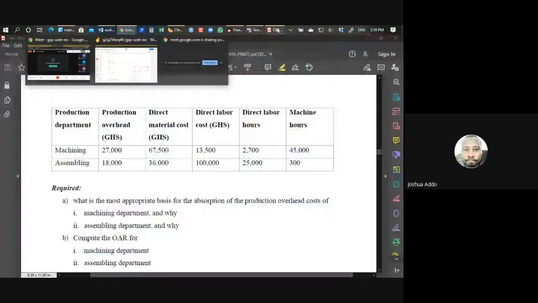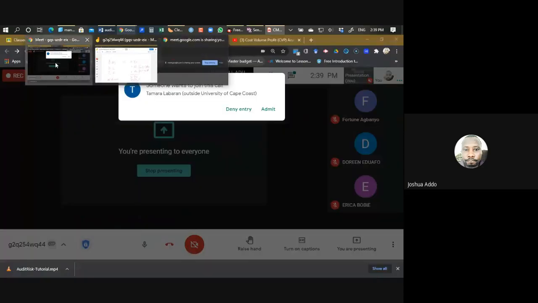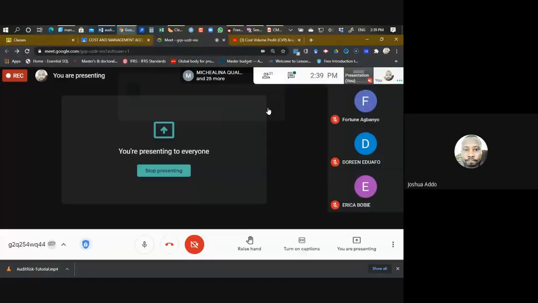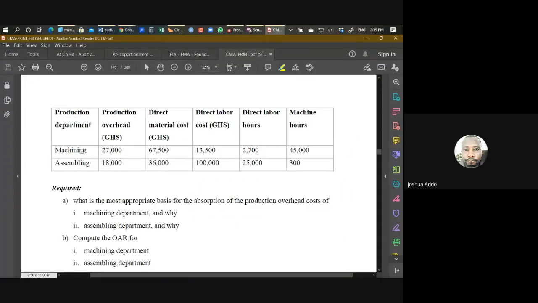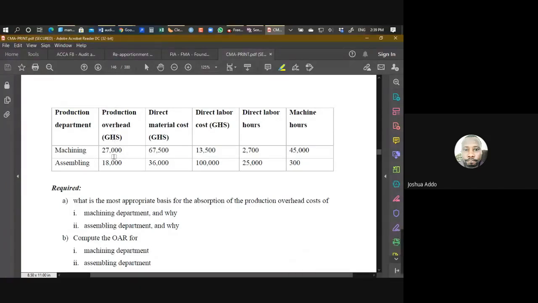We have two main production departments, machining and assembling, where they are budgeted overhead costs. They are here.